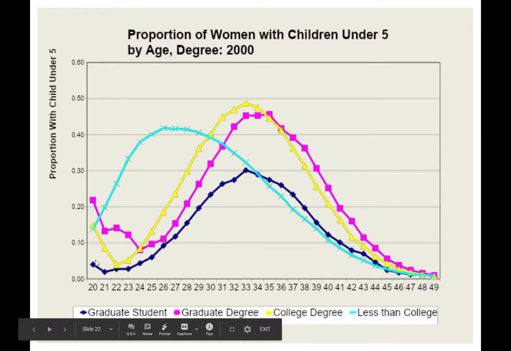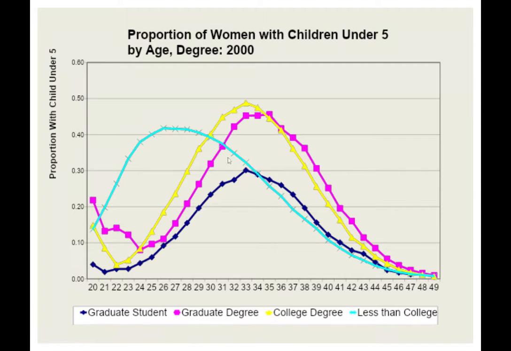We can see that women who have less than college tend to have children under 5 earlier. For women who have a graduate degree, their peak is right around here, which falls in with women with a college degree, and those with graduate degrees are just slightly later.